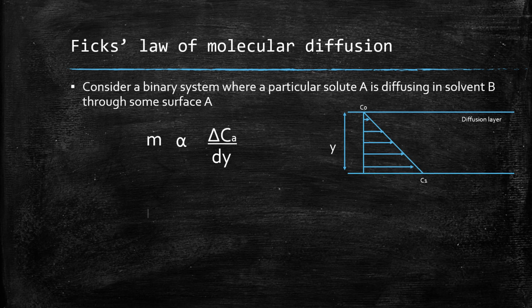Expanding the proportionality, we use mass flux equal to some constant DAB into dCA by dy, right? And again there will be a minus sign because delta C would always be a negative value. I hope that is clear.